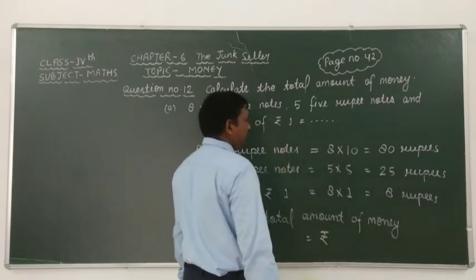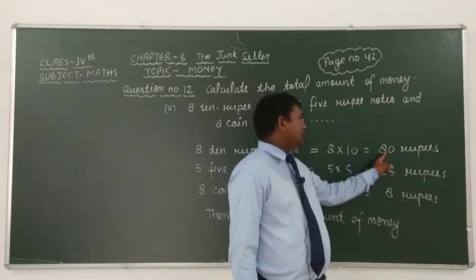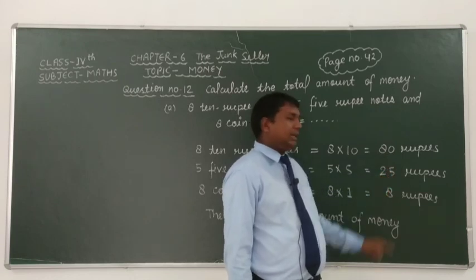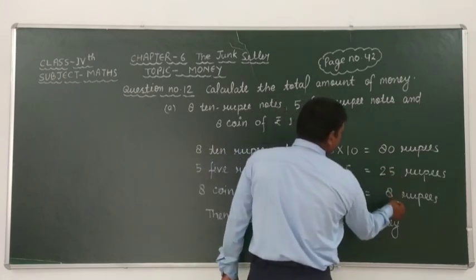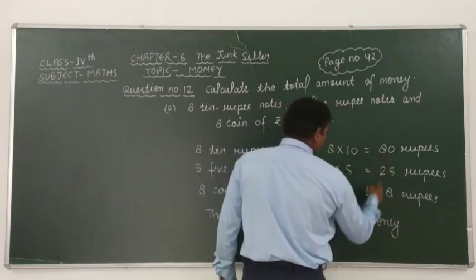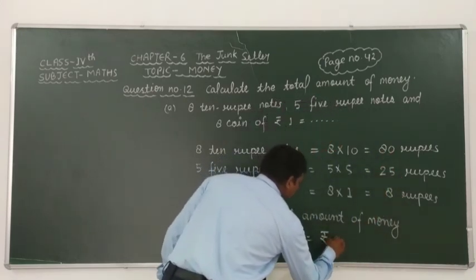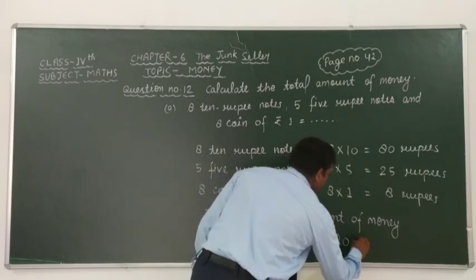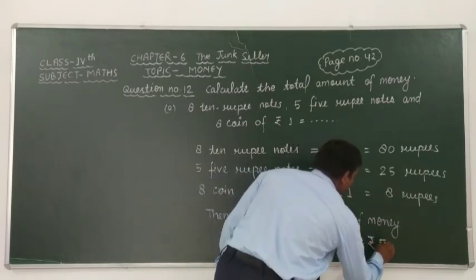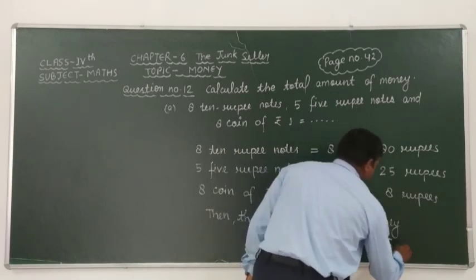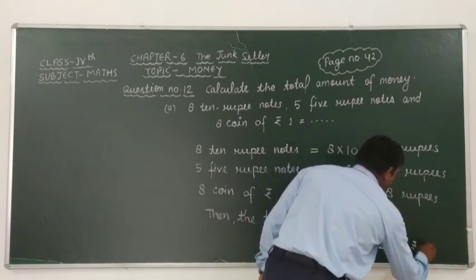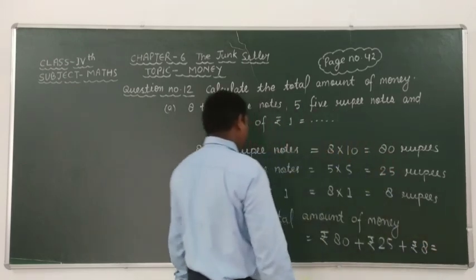students, look at here carefully. If we add 80 rupees, 25 rupees and 8 rupees, then we get, look at here carefully, rupees 80 plus rupees 25 plus rupees 8 is equal to.